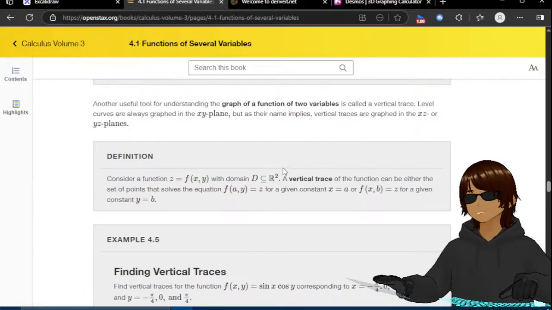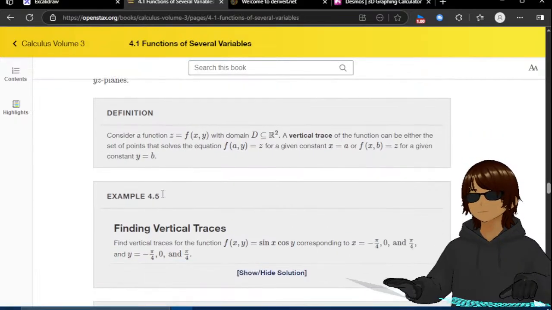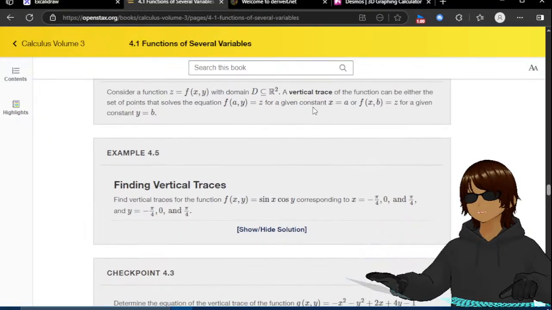A vertical trace of the function can be either the set of points that solves the equation f of a, y equals c for a constant x equal to a, or f of x, b equals c for a given constant y equal to b. A vertical trace.